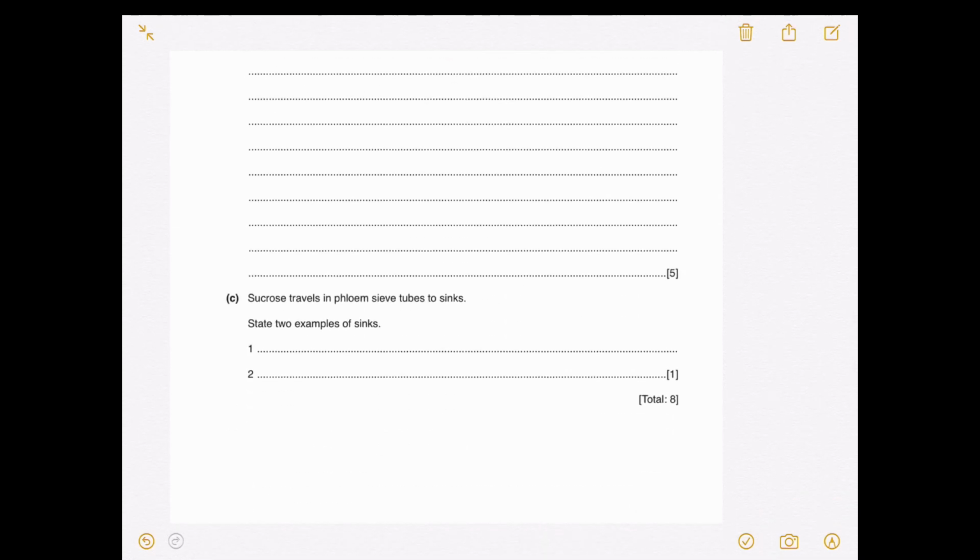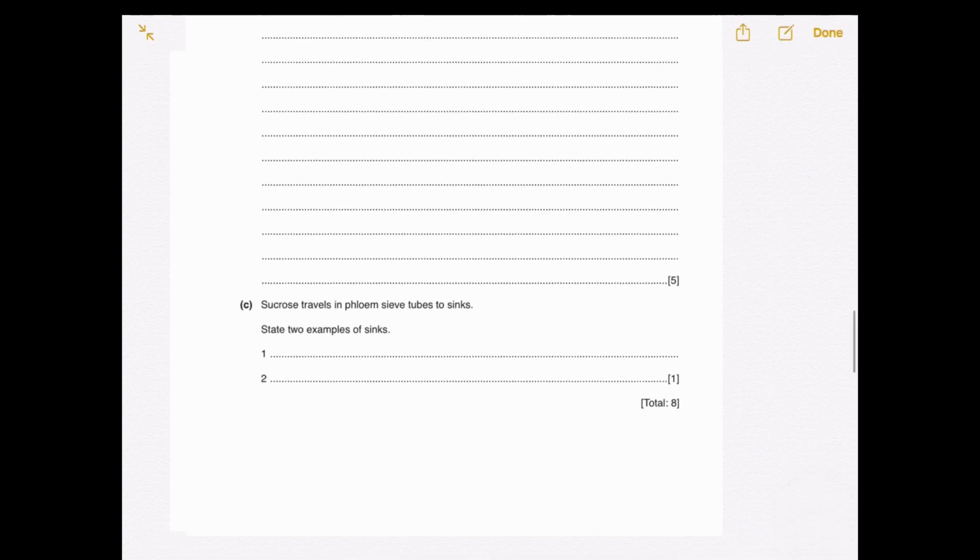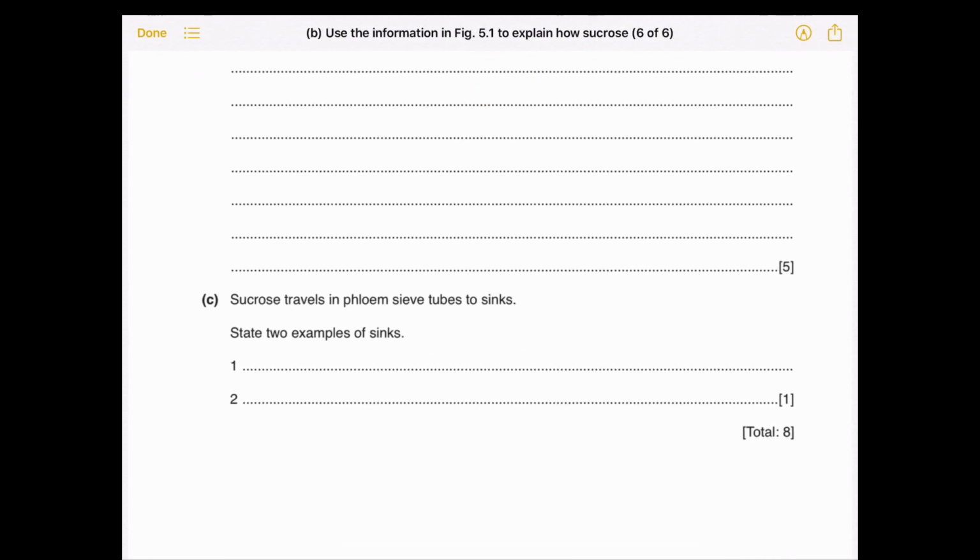And then 2 examples of sink here, sink will be defined as cells that actually store glucose, store the sucrose, or use up the sucrose. So example will be like storage organs like root, it can be growing buds.